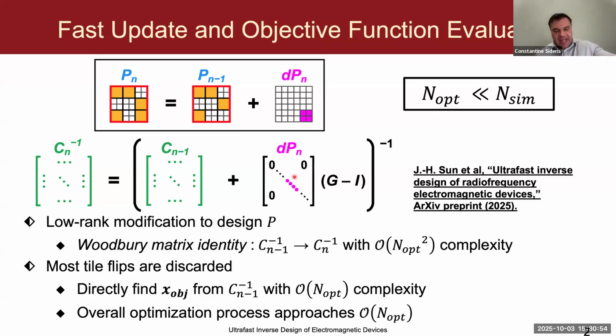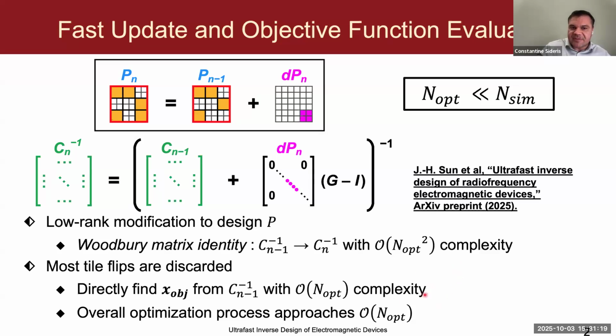I again don't think I have the time to explain the computational complexity of using this Woodbury identity to do the update. However, the takeaways are that if you want to change the tile and update the whole matrix inverse that you have, instead of n opt cubed, it's now proportional to n opt squared.